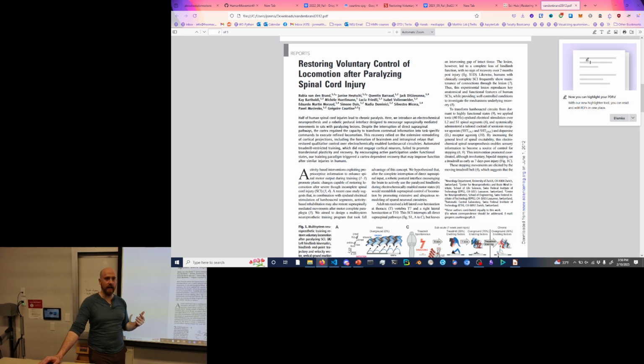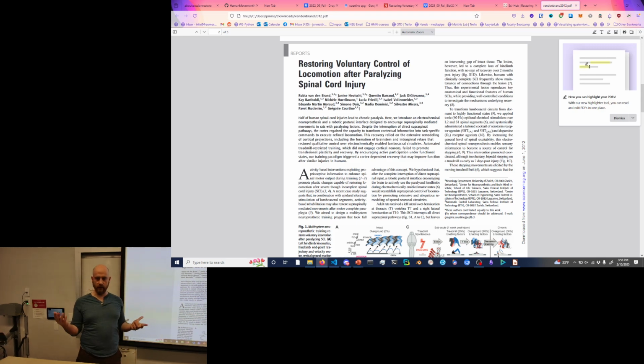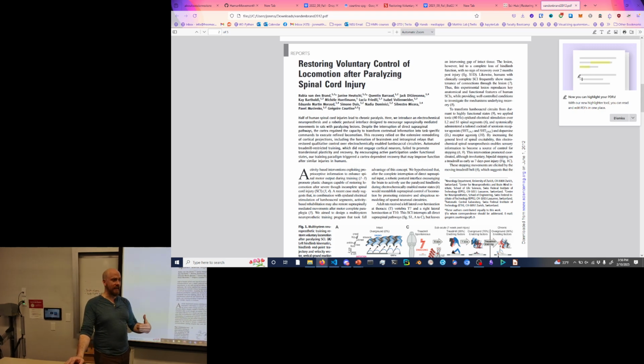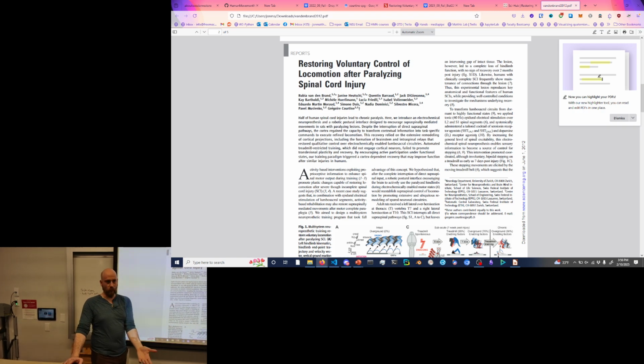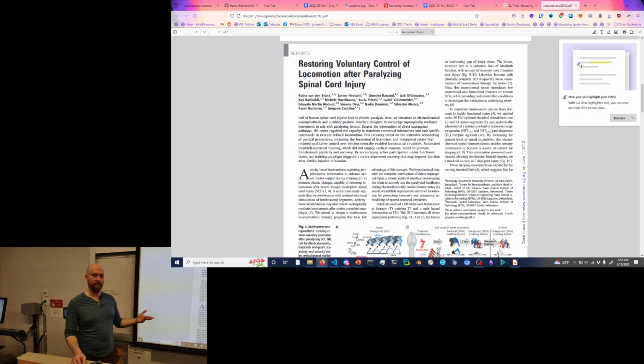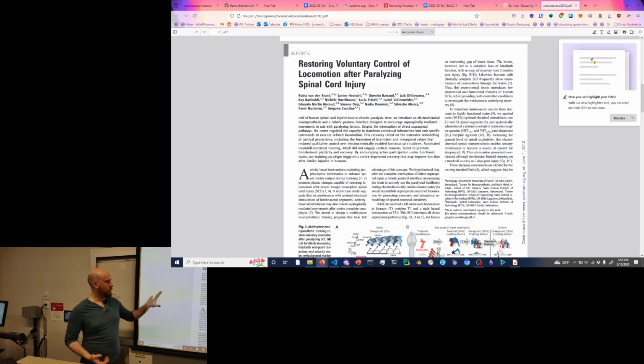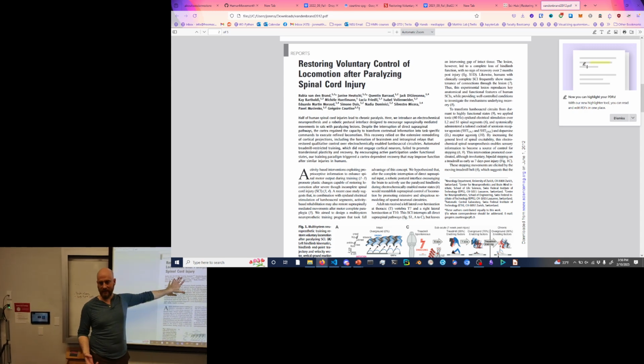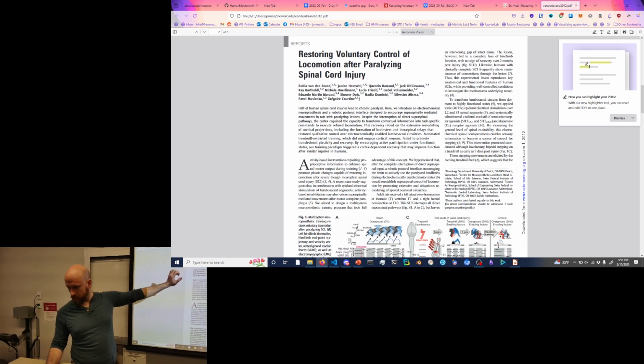You might lose control of your legs, you might lose control of your whole body, depending on where that injury occurs. And we really, really would like it if we could correct that in some way, in the same way that we can correct it when you break your ankle or damage some muscle or skin. We would love to be able to correct that on a person.